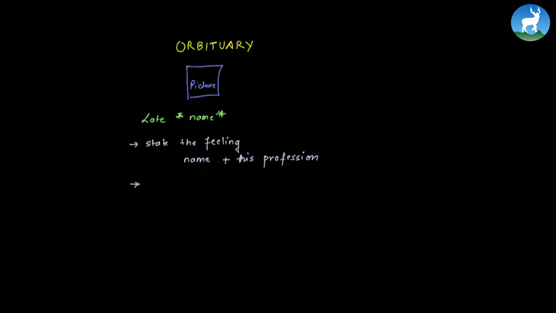But if Ram Khatri is your uncle and you're publishing the obituary in the newspaper for your uncle, you can just write, we are deeply saddened to learn about the sudden demise of Mr. Ram Khatri, and that's it. You need not write his profession and workplace.